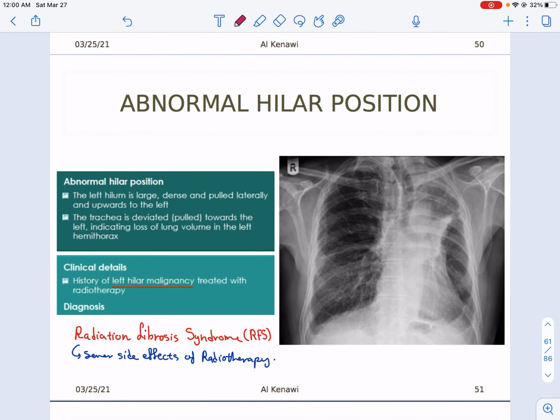Third abnormality is hilar position or hilar enlargement. Here we will say it's abnormal hilar position. Okay.